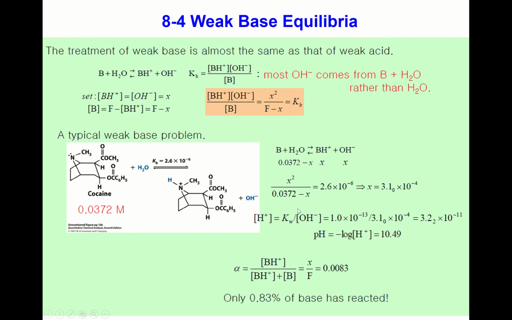Proton concentration is given by Kw divided by hydroxide ion, which is 3.22 times 10 to the minus 11, and pH is 10.49. The fraction of dissociation is the concentration of BH+ divided by the formal concentration, which is 0.0083. Only 0.83% of base has reacted.